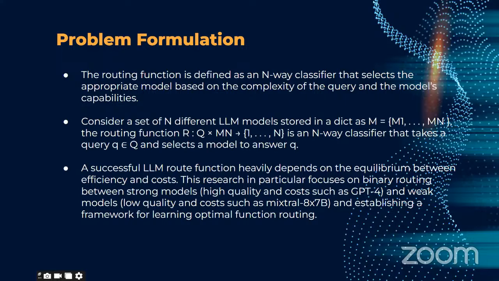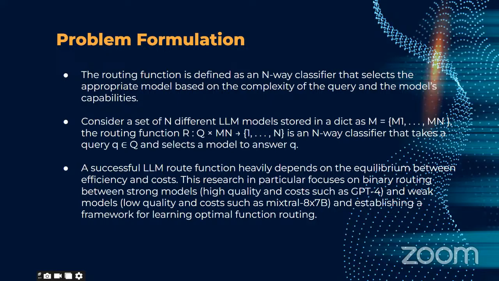Now, we're going to talk about how we can formulate a problem around this. The routing function is based on an n-way classifier that selects an appropriate model based on the complexity of the query and the model's capabilities. So consider a set of n different LLM models stored in a dictionary, such as the equation we've got here.